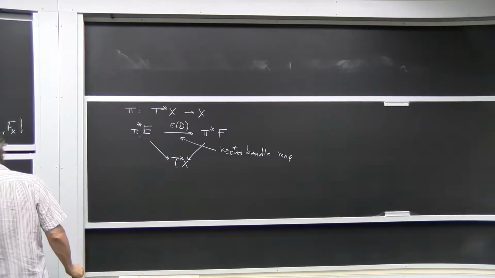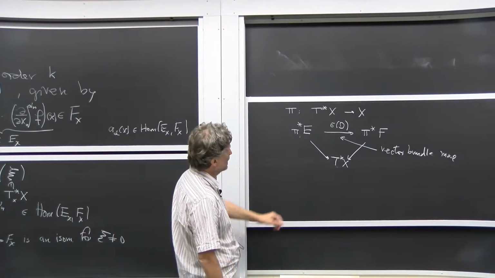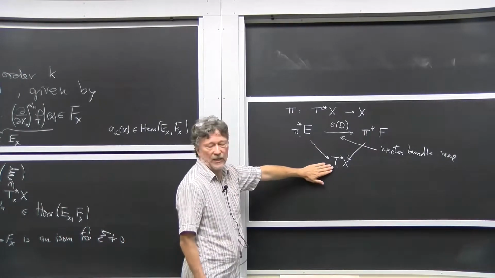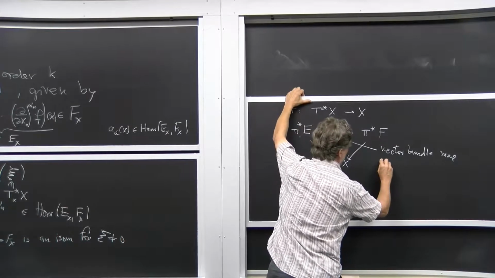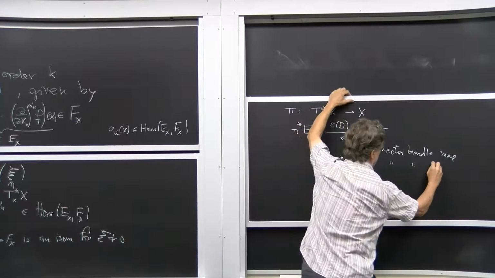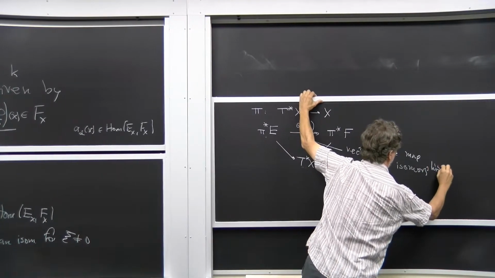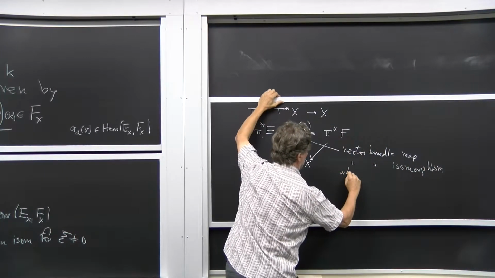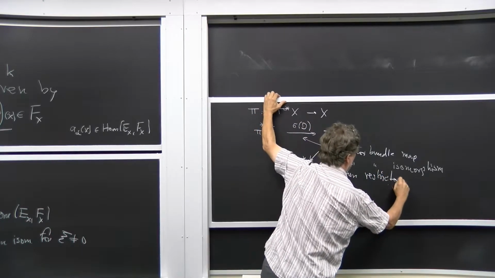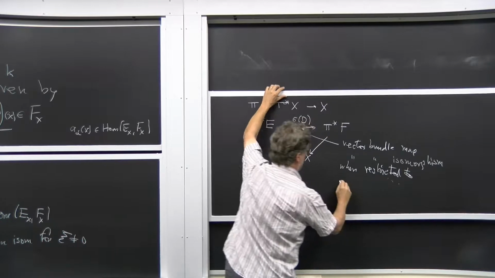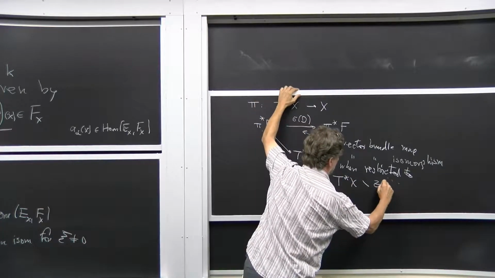And this condition here that we assume ellipticity, which we'll do from now on, just means that away from the zero section, this is an isomorphism. So this is in fact a vector bundle isomorphism when restricted to the cotangent bundle without the zero section.